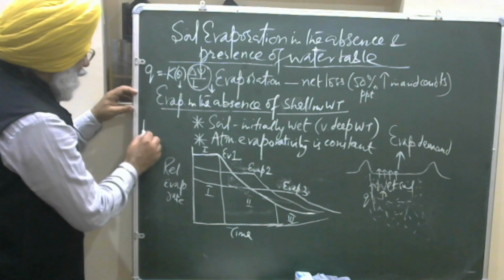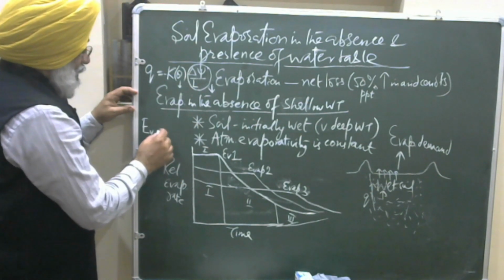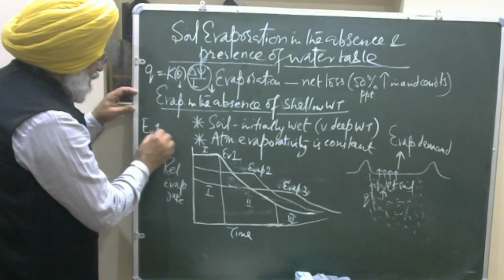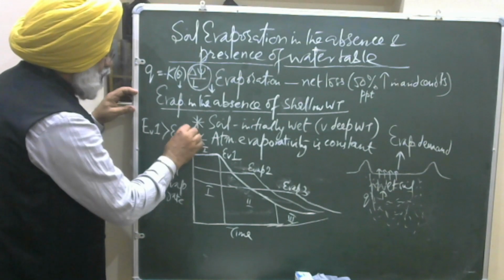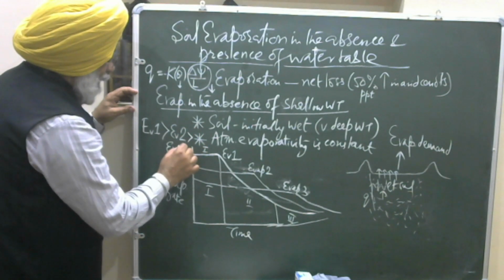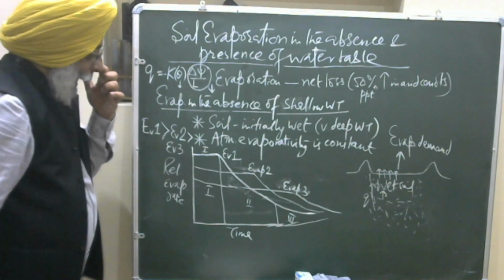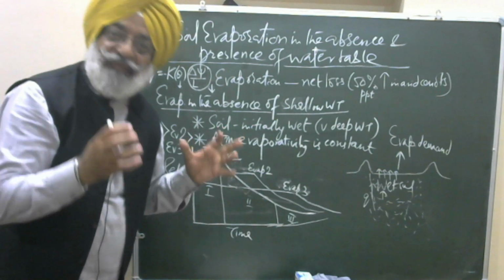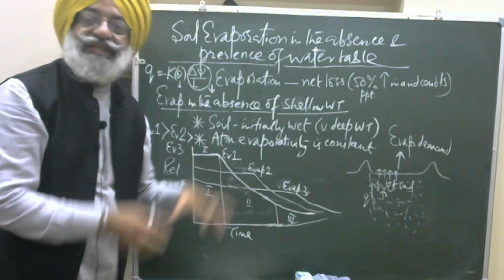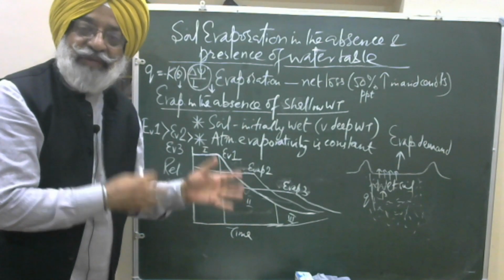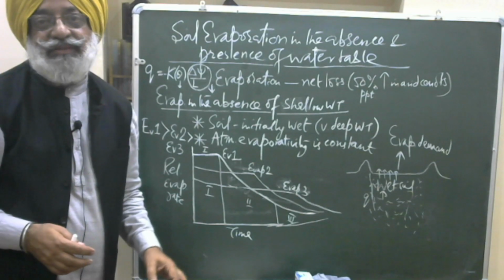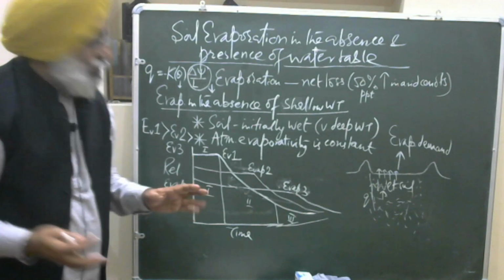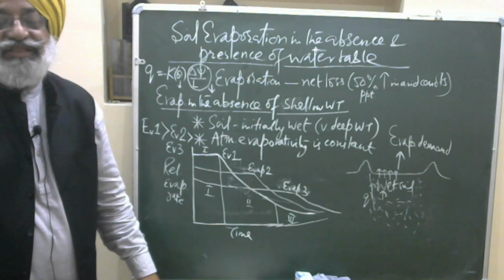That means evaporativity of stage 1 is higher than evaporativity of stage 2, which is higher than evaporativity of stage 3. So the lower the demand for water in the atmosphere, the longer will be the period of stage 1. I hope the things are clear now.